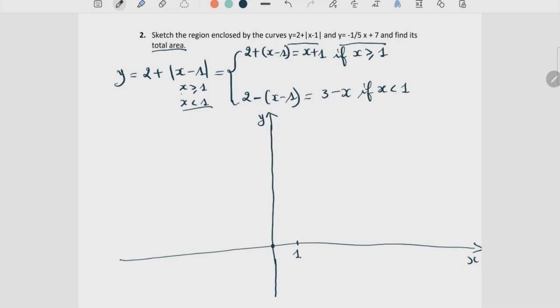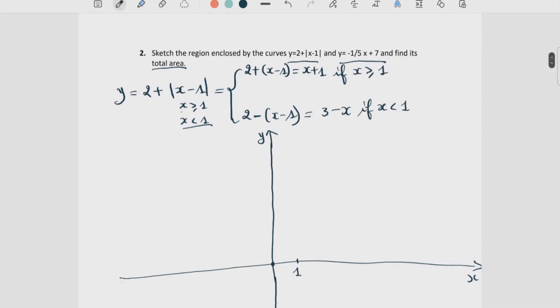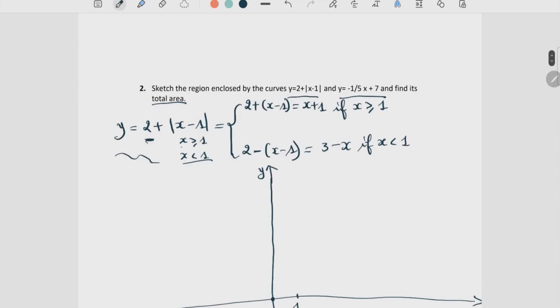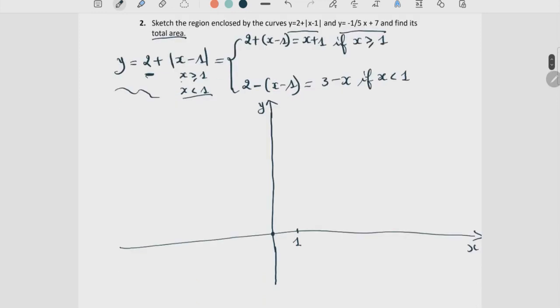And now we can clearly see that with the 2 here. So this first curve, if we're trying to draw this first curve, with this 2 here, the curve is shifted by 2 units in the y-axis, right? So that would be somewhere here.